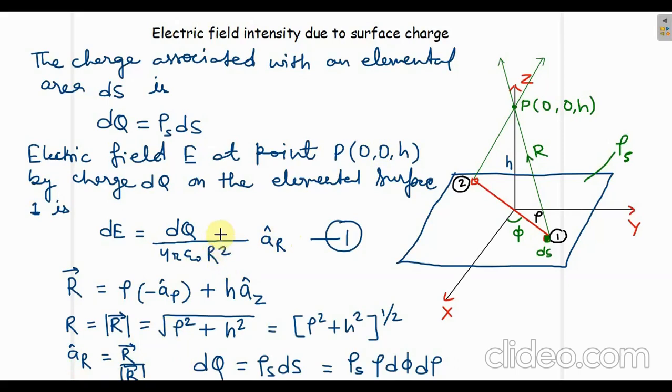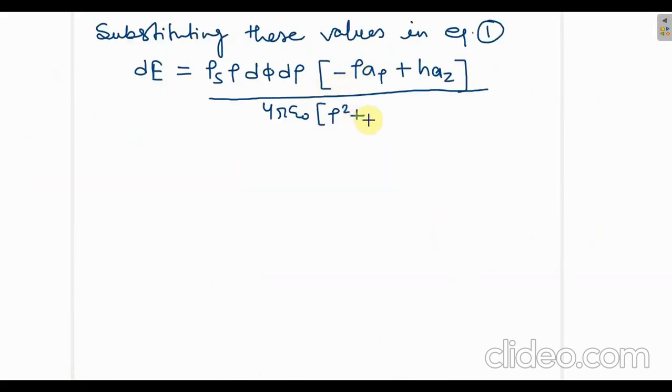That's why we write rho square plus h square to the power 3 by 2.